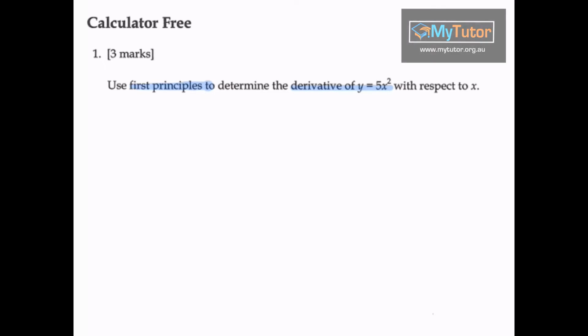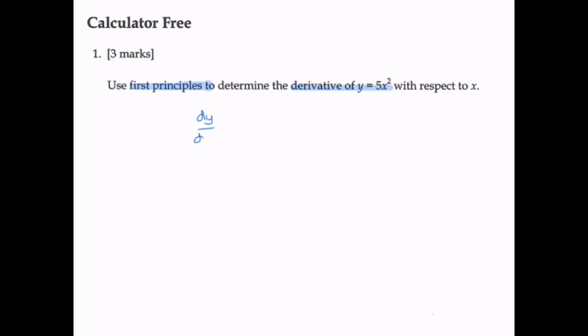We know that dy by dx is equal to the limit as h approaches 0 of f of x plus h minus f of x, all over h. Okay, we know our function, it's told us, is 5x squared.